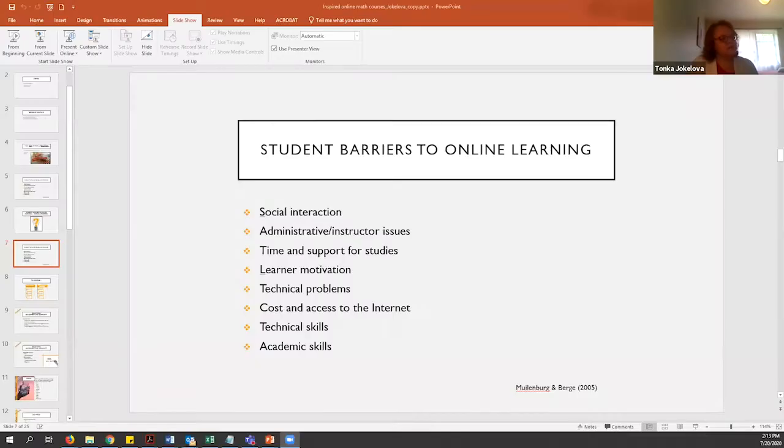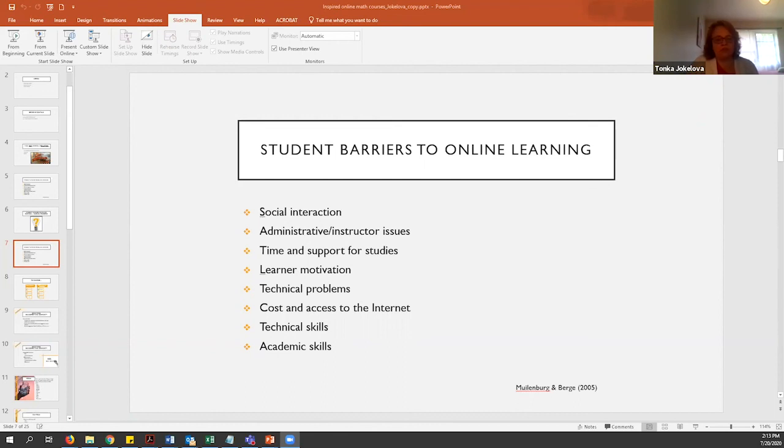I do believe that, I'm going to start sharing again. So what I believe is that possibly the cost and access to the internet and technical problems might go a little bit up on the list. That's what I'm thinking, because for my own college, I'm seeing that not everybody has good equipment.